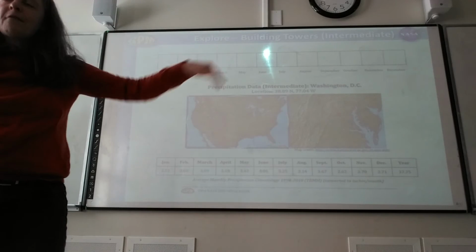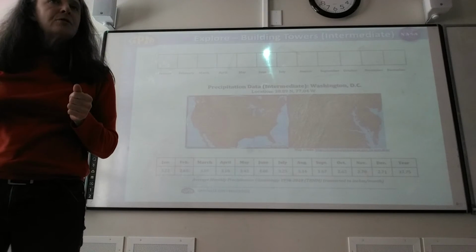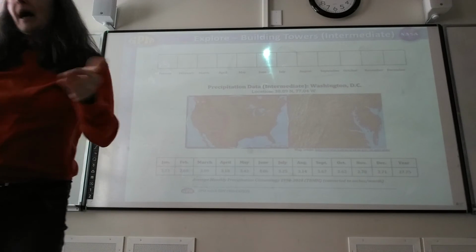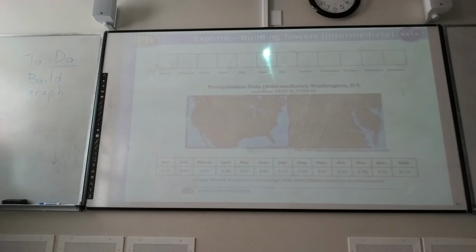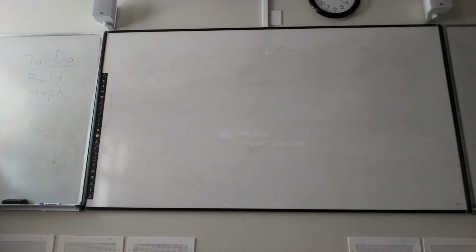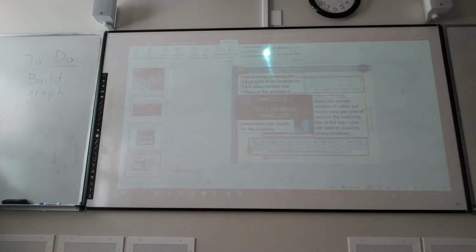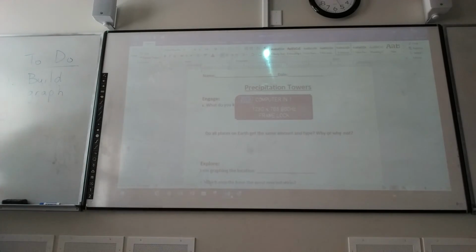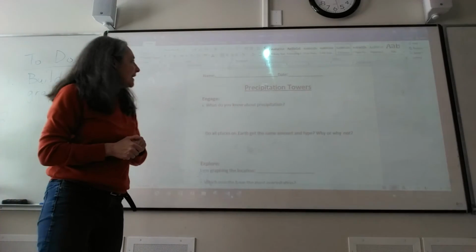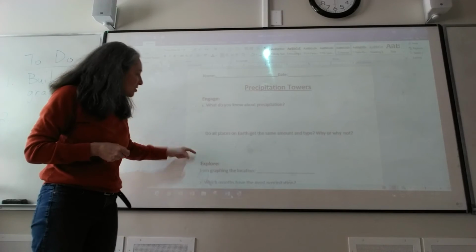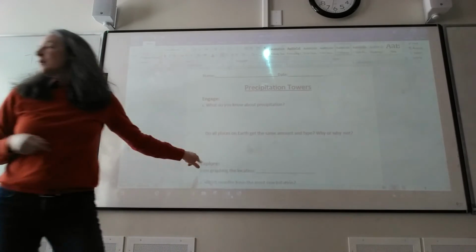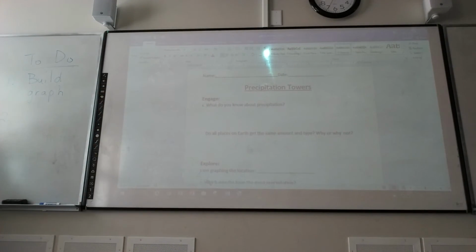Once you build your graph, the second thing you're going to do is you're going to go back to that handout that I gave to you initially. Let me go back to it. Yep. The second thing you're going to do is you're going to go back to that handout. We've already done the engage, and you're going to begin with the explore section. Let me scroll it up.